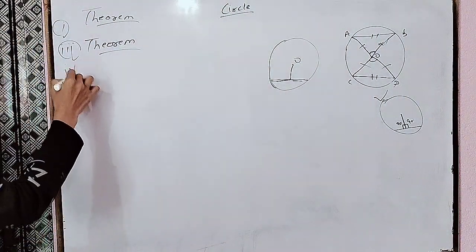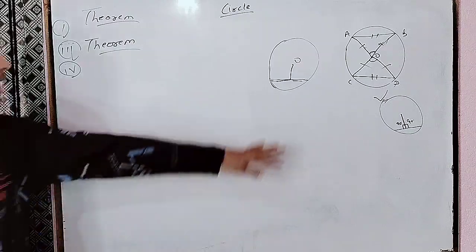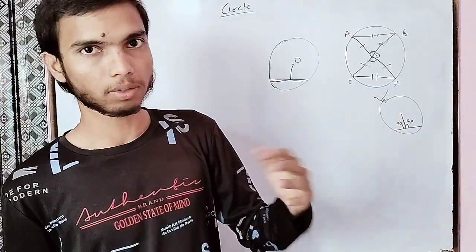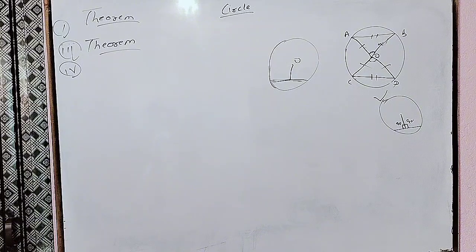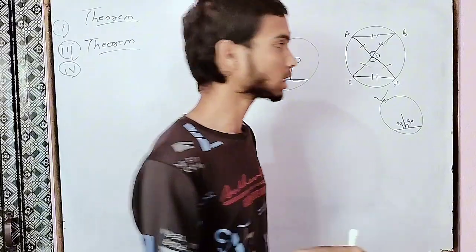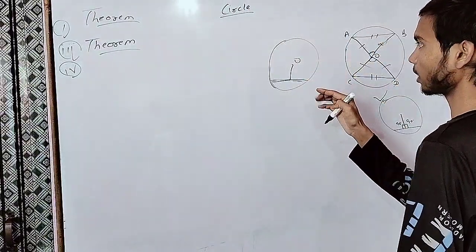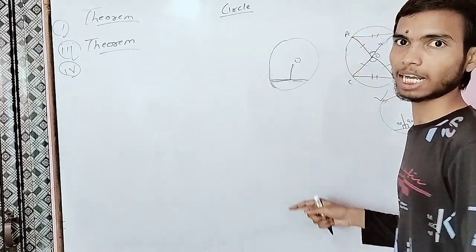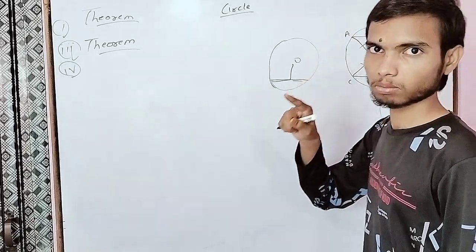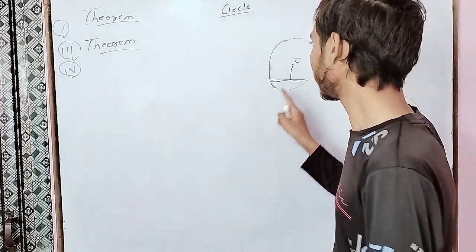Now the next theorem. When it comes to bisect, then you already know that both parts will be equal to each other in measure. So the fourth theorem is also saying that there is a line bisecting the chord, coming from the center, which is a perpendicular.